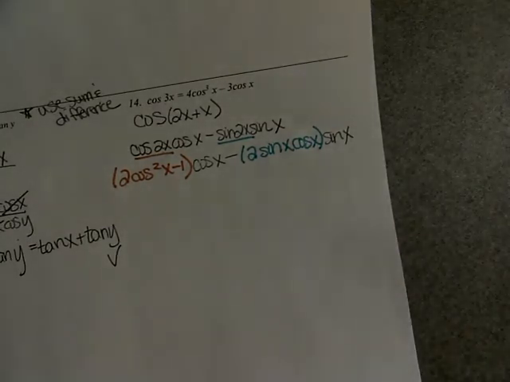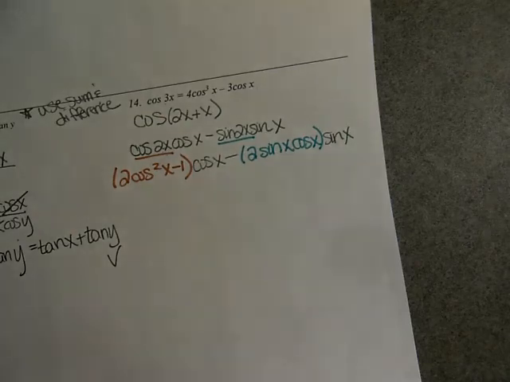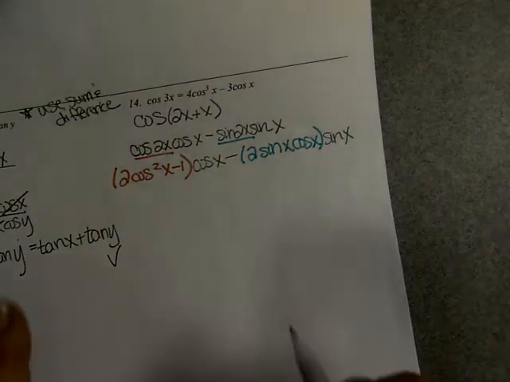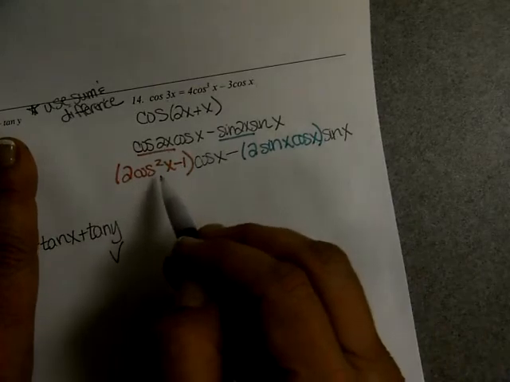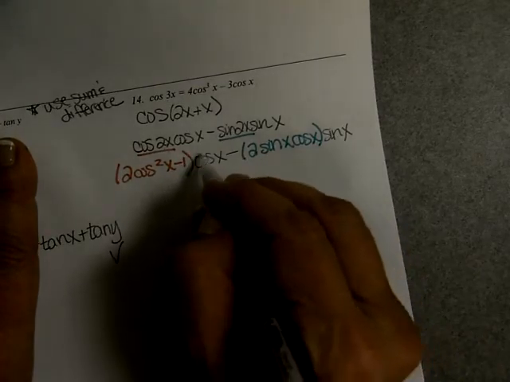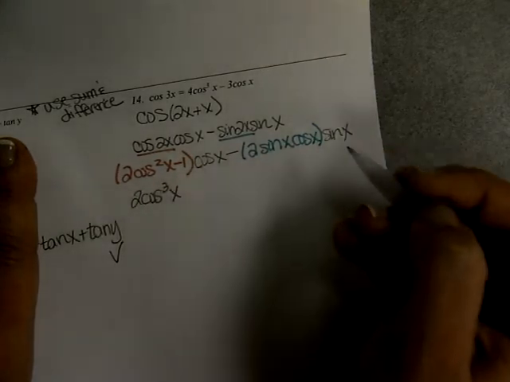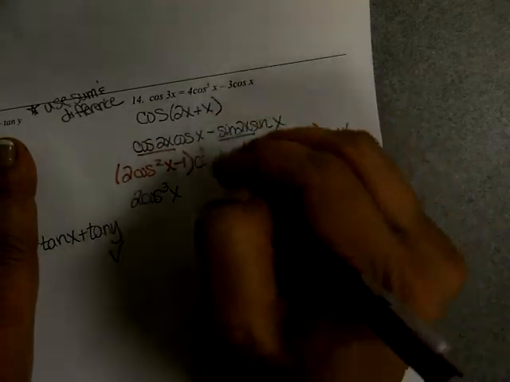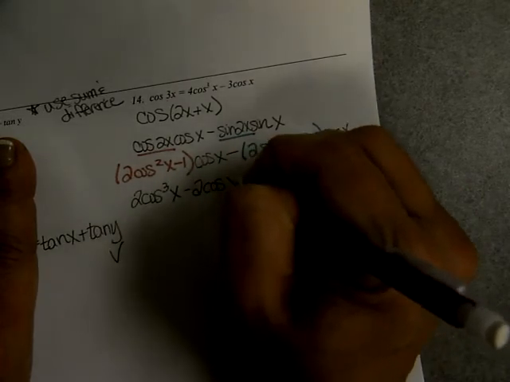And you might say, well, that didn't really help because we still have these sine of x's and we'd want to get rid of them, but we'll see if we can get rid of them. So let's multiply stuff here. If I distribute this cosine, this gives me 2 cosine cubed x minus 2 cosine x.